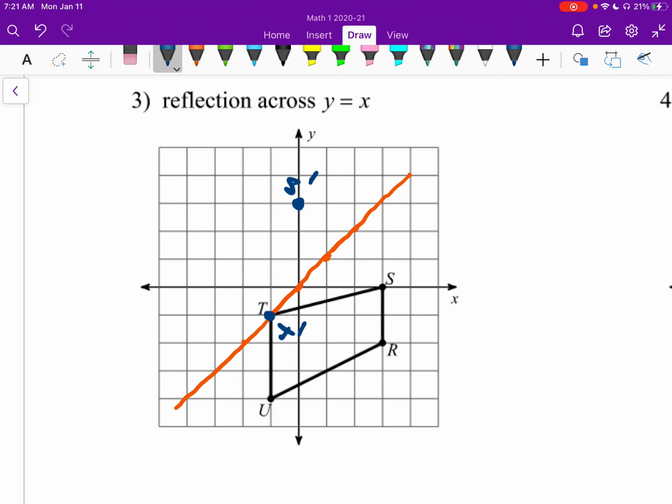And then R is 2.5 away, so I'm going to go half, 1, 2. And there's going to be my R prime. And lastly, my U is 1.5, so I'm going to go a half and 1. So there's my U prime. So there's our shape.